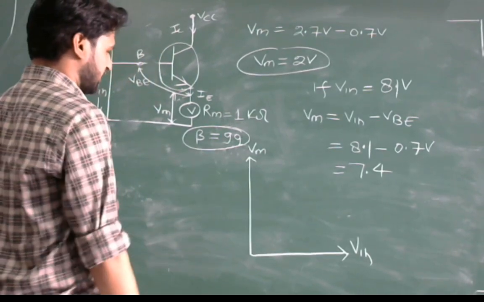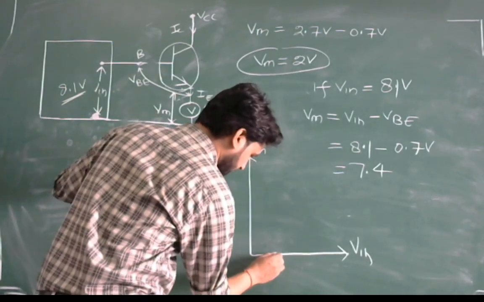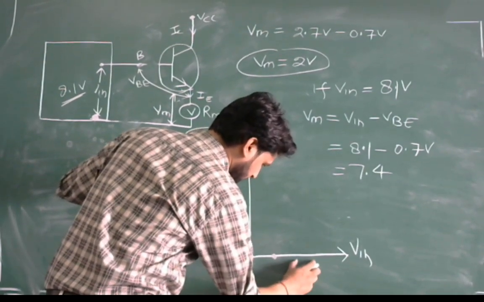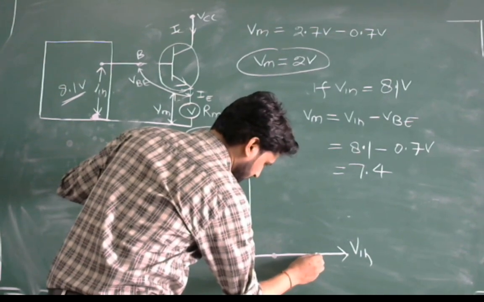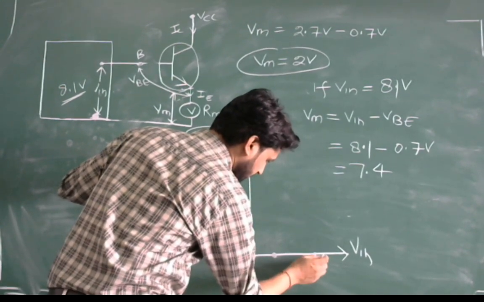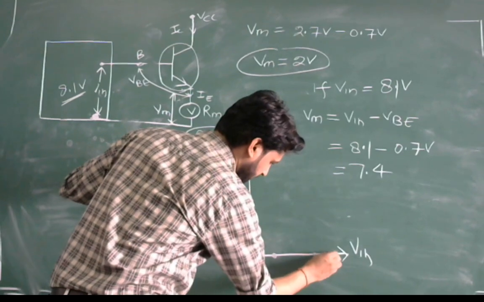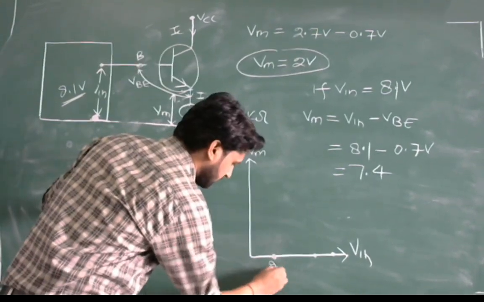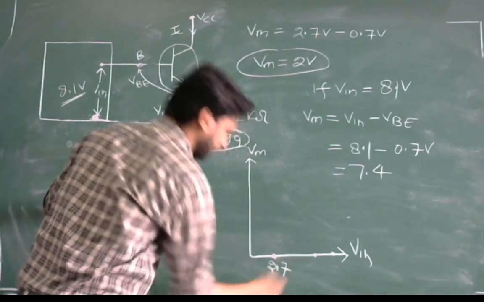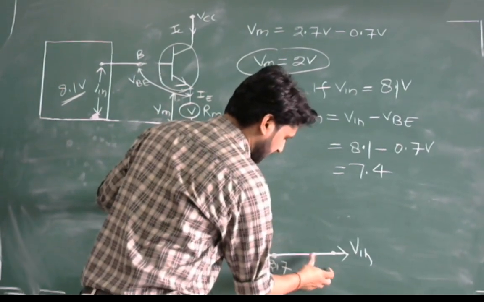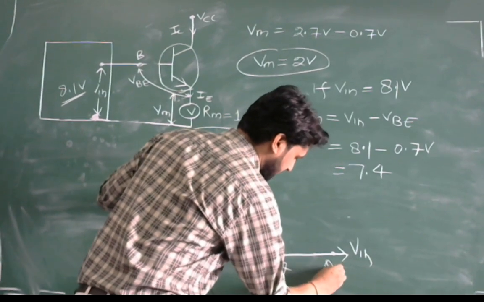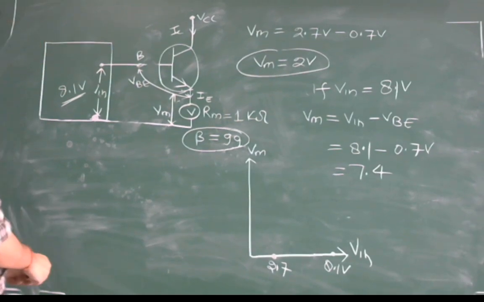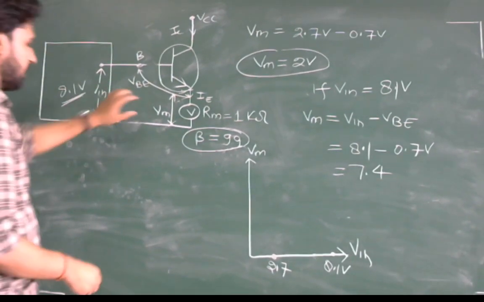Suppose in one case the input voltage is 2.7 volt, and in the second case the input voltage is 8.1 volt. When the input voltage is 2.7 volt, the Vm is 2 volt.